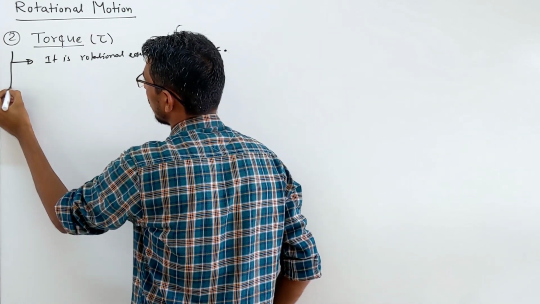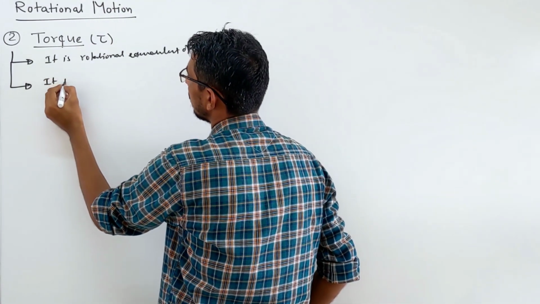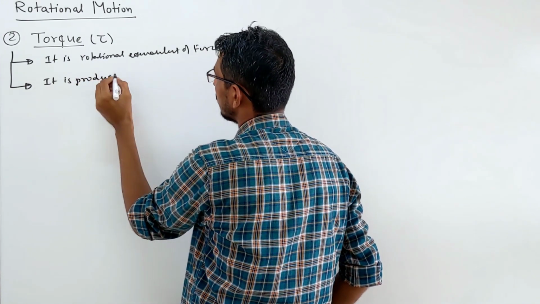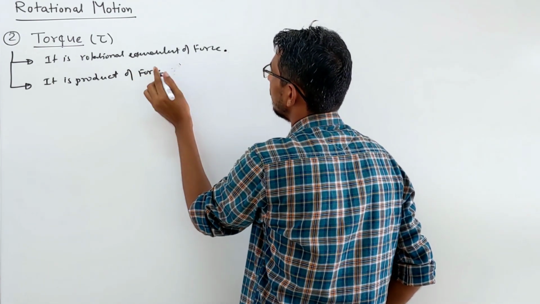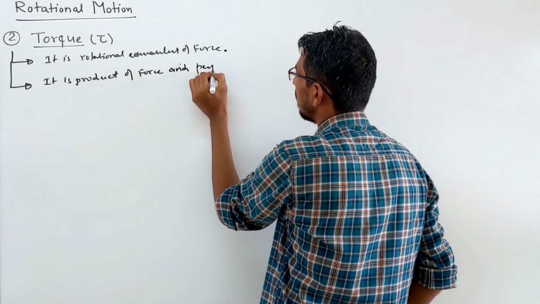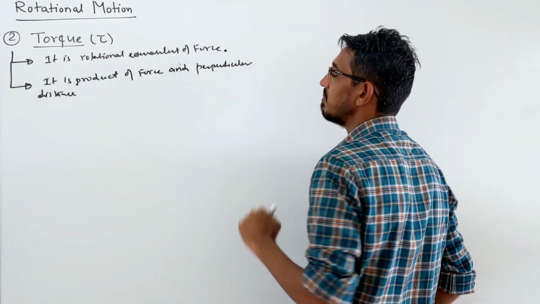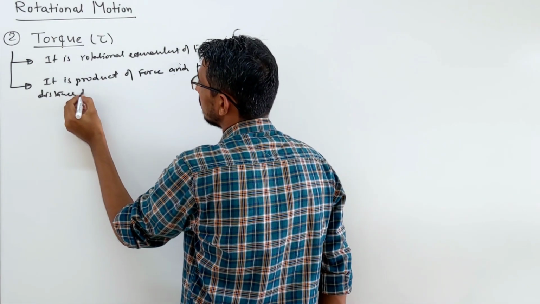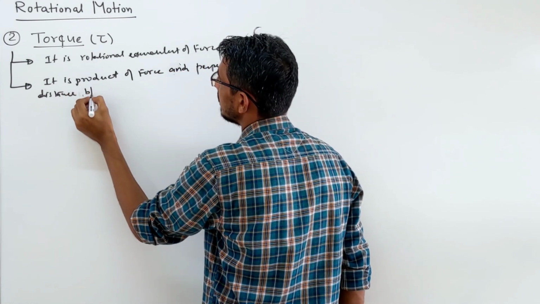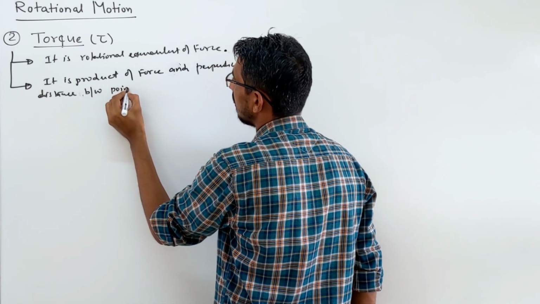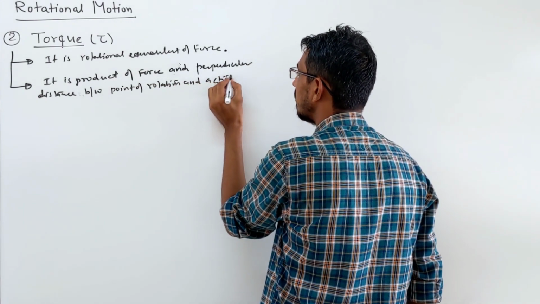What is the mathematical definition of torque? It is the product of force and perpendicular distance, and this perpendicular distance is the distance between the point of rotation and the point of action of force.